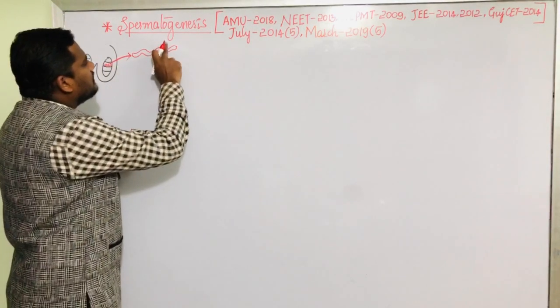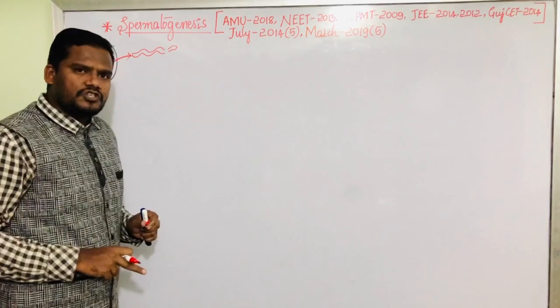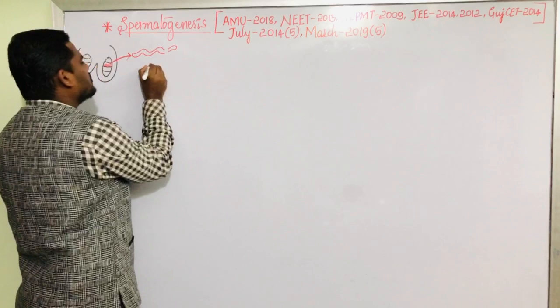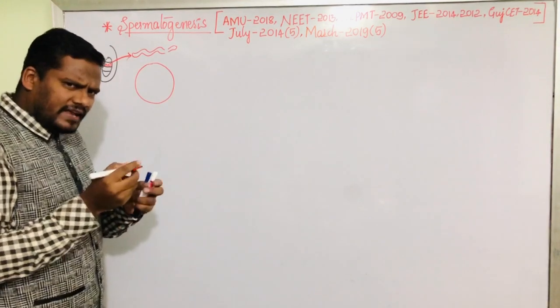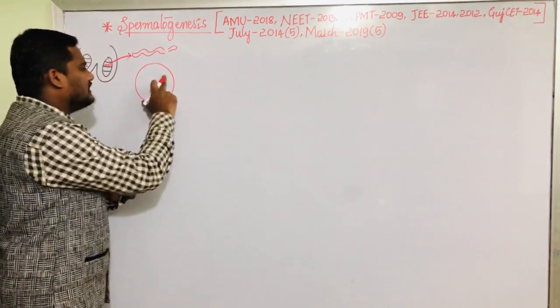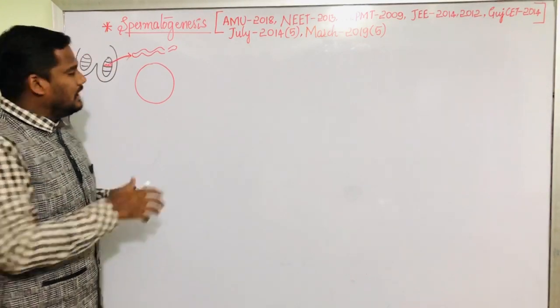If we take the transverse section of this seminiferous tubule, how does it appear? It appears like this. If you take the transverse section of any tube-like structure, this kind of sectional view we are going to observe, my dear friends.